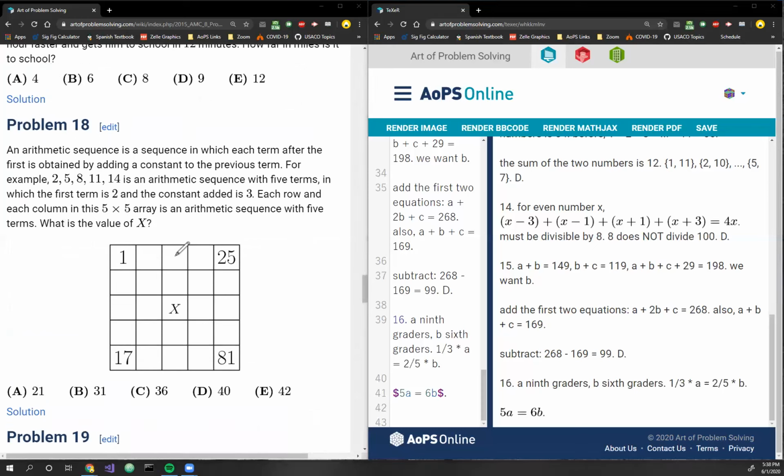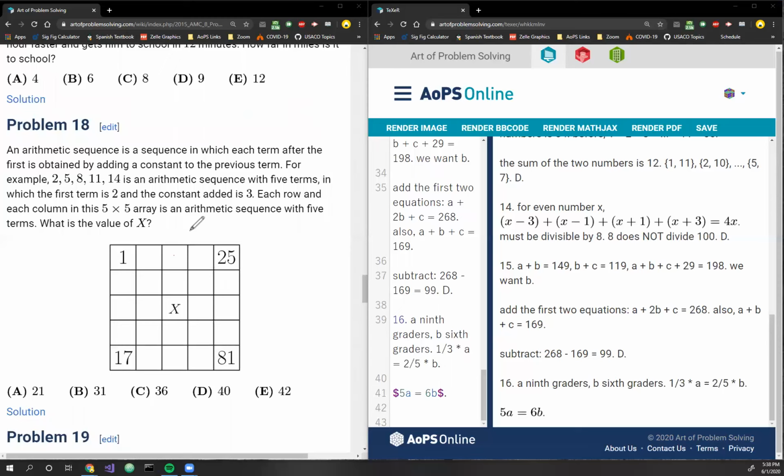First, we note that these are all arithmetic sequences. This is not like a magic square. Those 5 numbers in the first row are an arithmetic sequence, and it's the same for all 5 rows and all 5 columns.